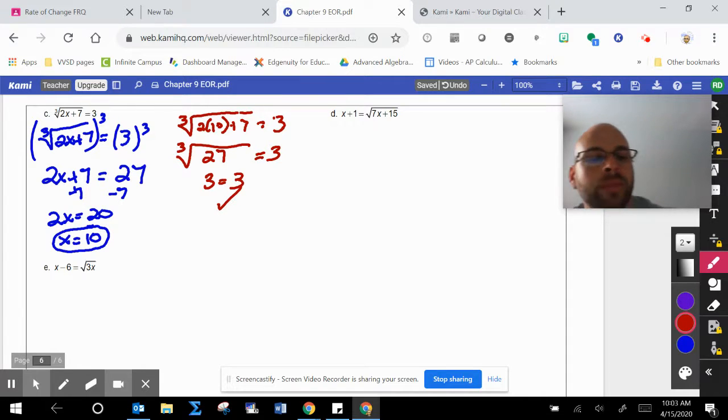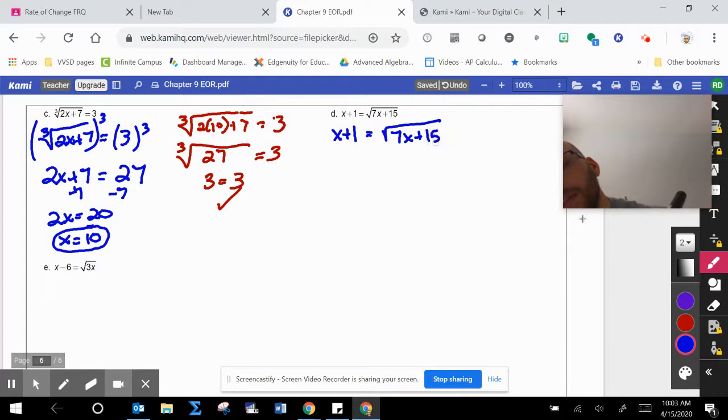All right, 2 more. So let's take a look at D. If I want to get rid of that radical, I am going to square both sides, right? So if I take this and I square it, and I take this and I square it, on the right hand side I'm just left with the inside of the radical.